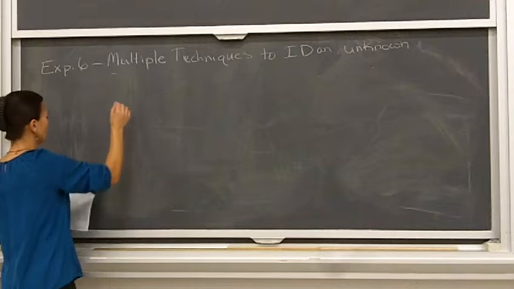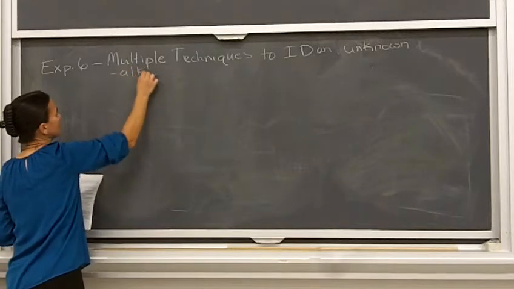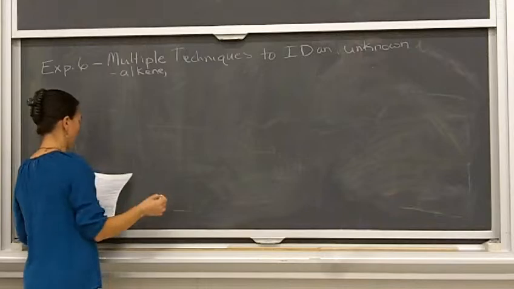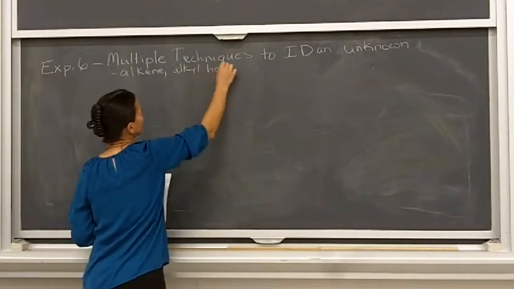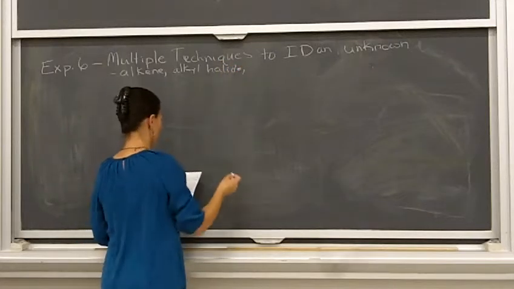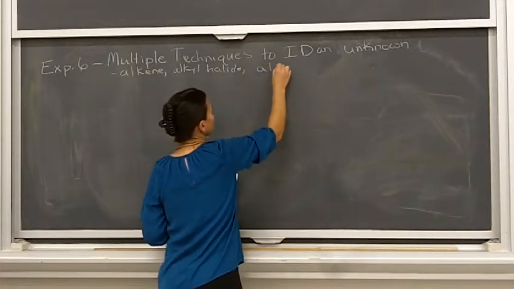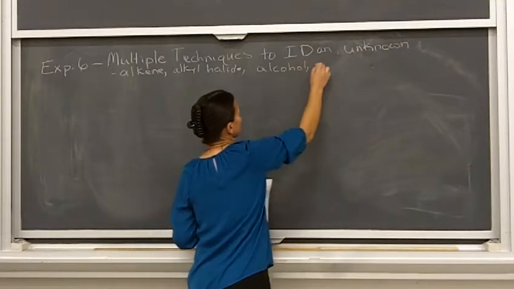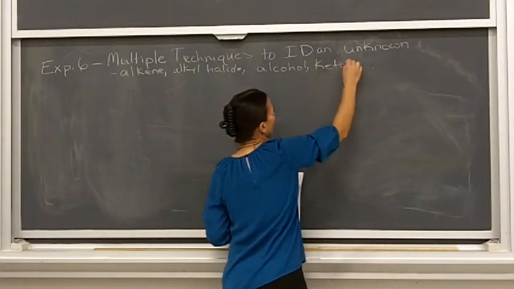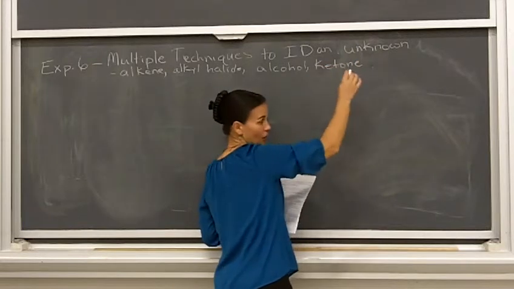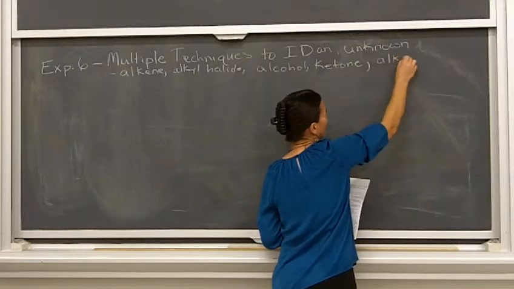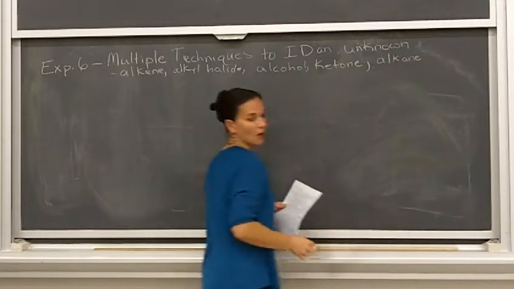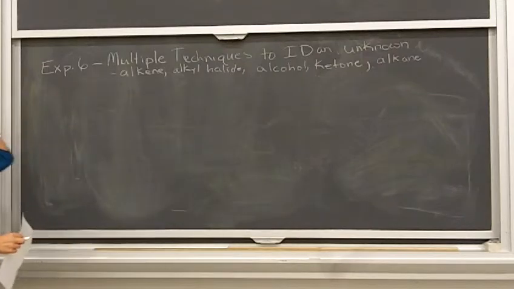So it could either be an alkene, an alkyl halide, an alcohol, a ketone, or if there's nothing else besides carbon and hydrogen and it's not an alkene, then it's just purely an alkane. So those are our possibilities for unknowns this week, okay?